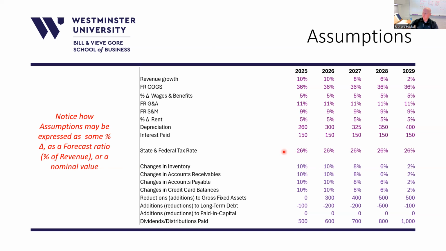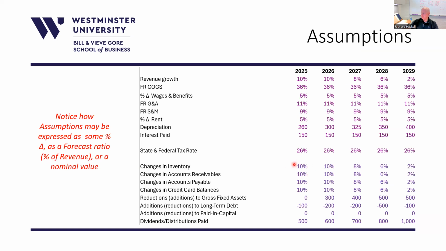Now, I said a few minutes ago that we'll assume that the changes in any of our accounts receivable, accounts payable, credit card, inventory, and all of those conspire to create net working capital, by the way, as well as our gross fixed assets and our other capital elements are going to be changing in the future. We believe that our inventory, accounts receivable, payable, and credit card balances will all be growing at the same rate of revenue.